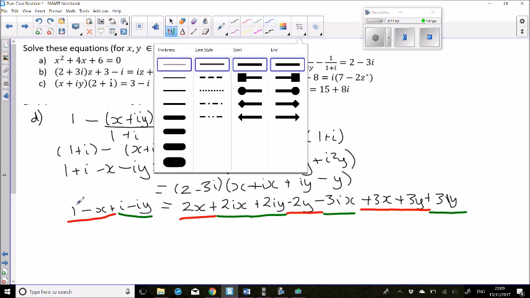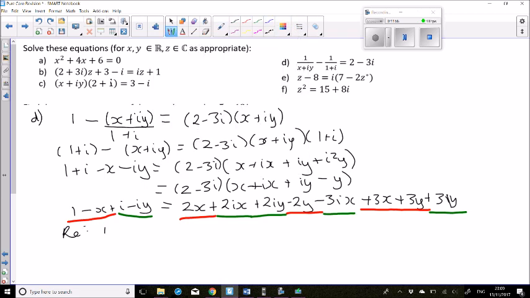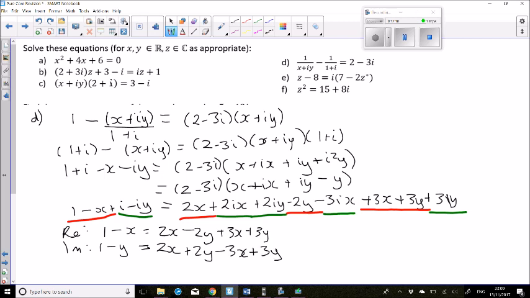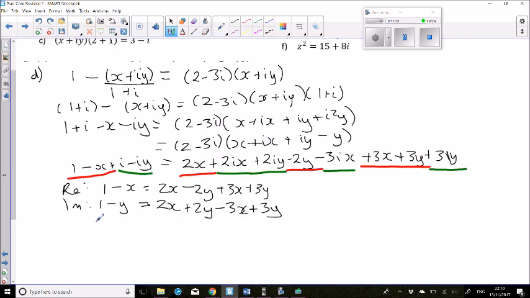Let's very quickly do that. So real: 1 minus x equals 2x minus 2y plus 3x plus 3y. Imaginary: 1 minus y, because an i on its own is 1i, equals 2x plus 2y minus 3x minus 3y, and then you can solve that.